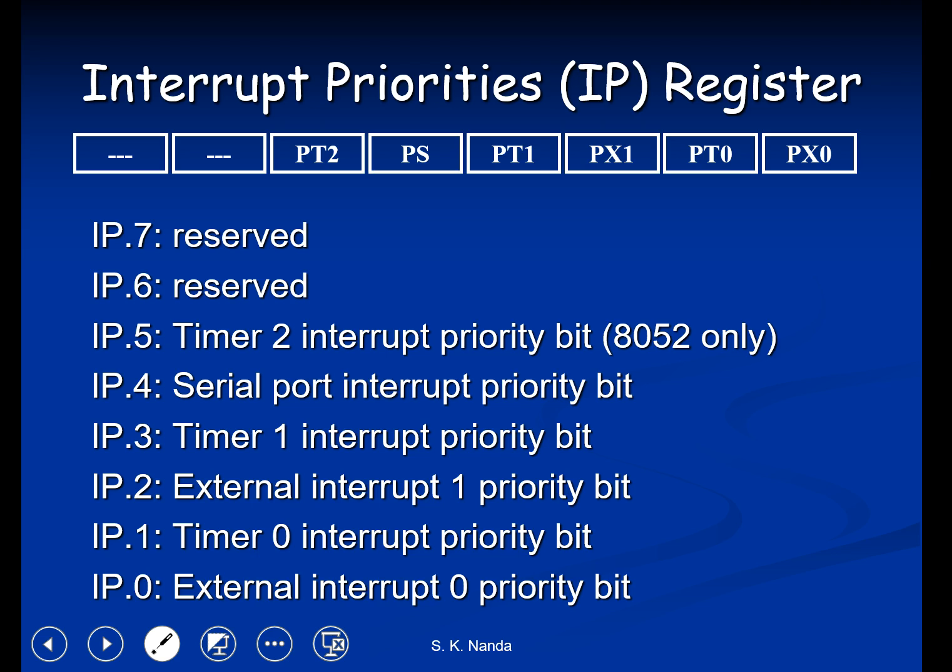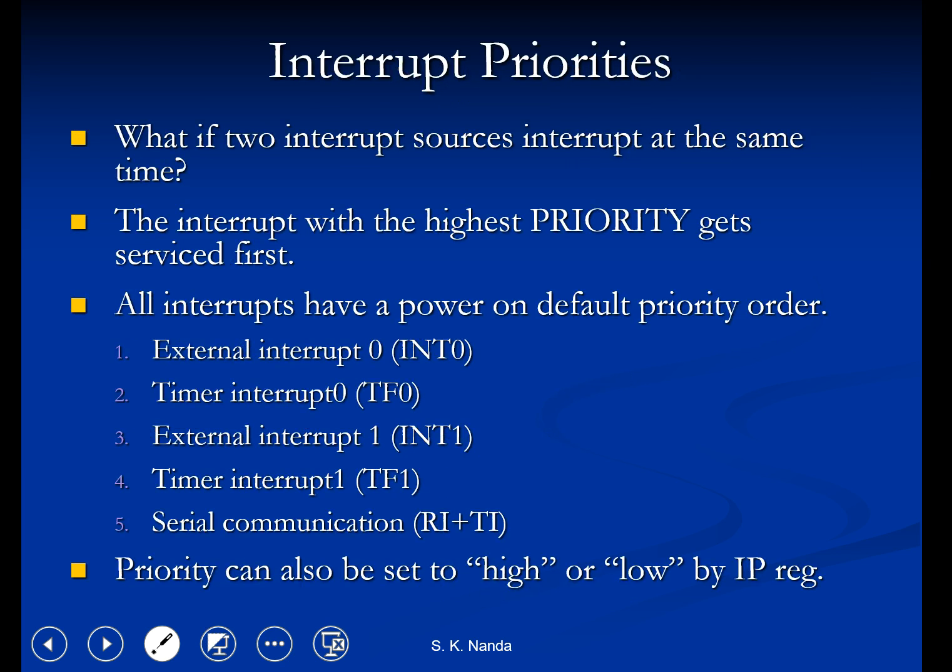If the priorities of interrupts are not programmed, then the microcontroller executes the instructions in a predefined manner, and its order is INT0, TF0, INT1, TF1, then serial communication, that is RI and TI.